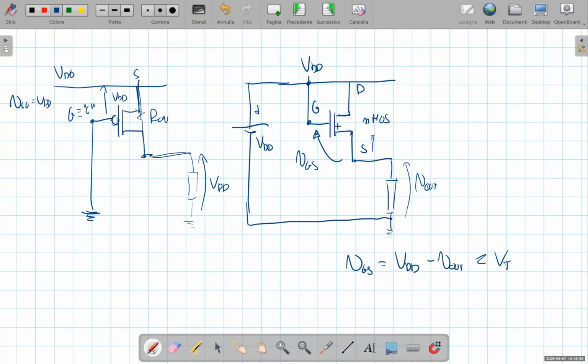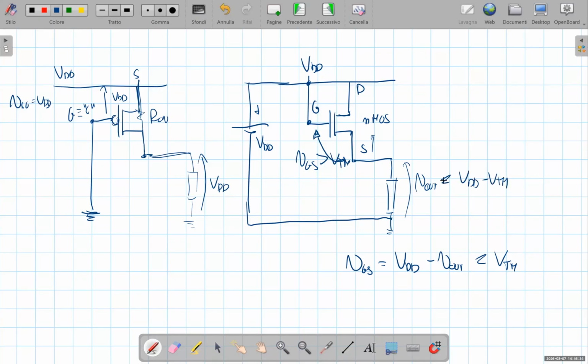And if the VGS voltage decreases to become less than VTH, the NMOS switch turns off. So in practice, when the source voltage approaches VDD minus VTH, the transistor is turned off. In order to have a gate source voltage larger than the threshold voltage, the output voltage should be less than VDD minus the threshold voltage.